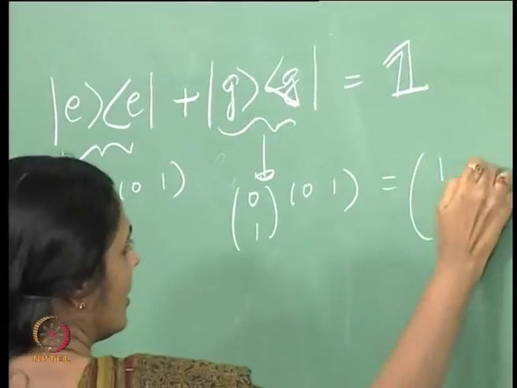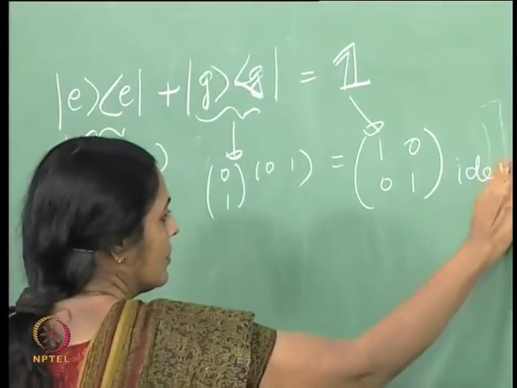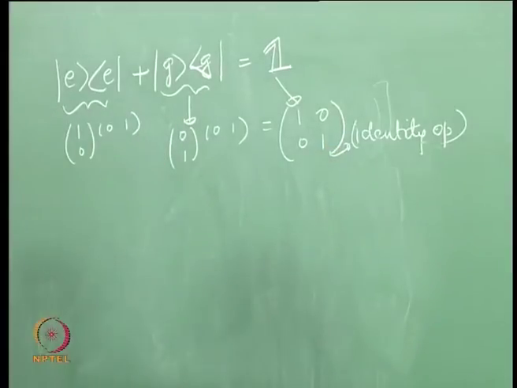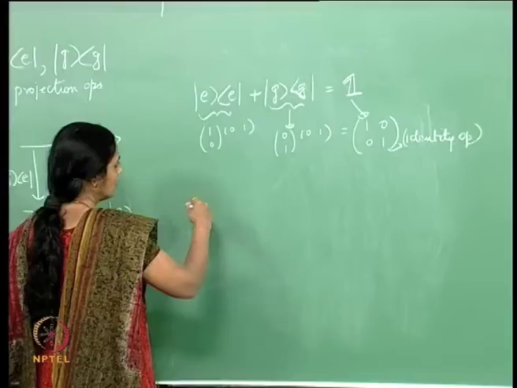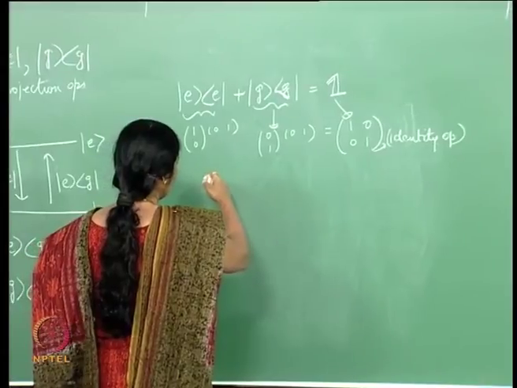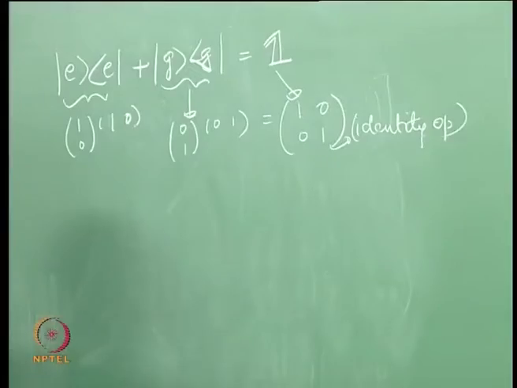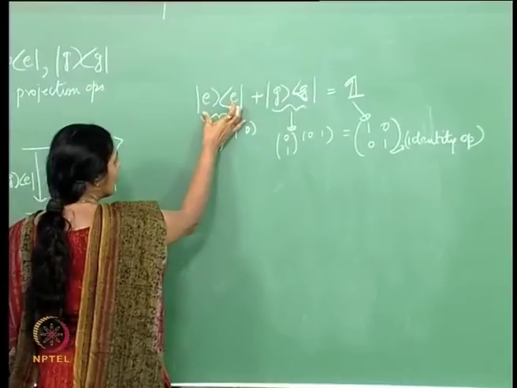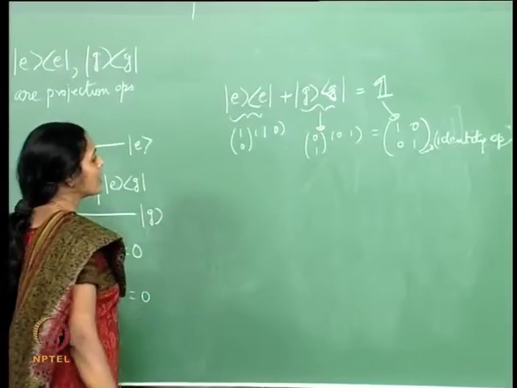You can easily check that this is the identity operator. That's a 1-0 out there. So you see, the sum over operators formed like this from the basis states adds up to the identity.